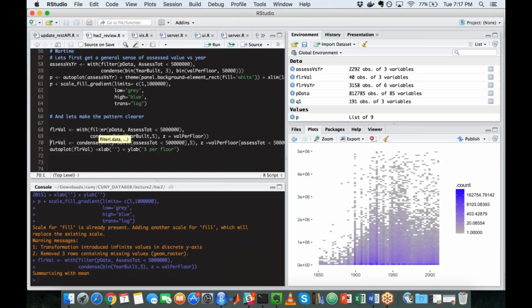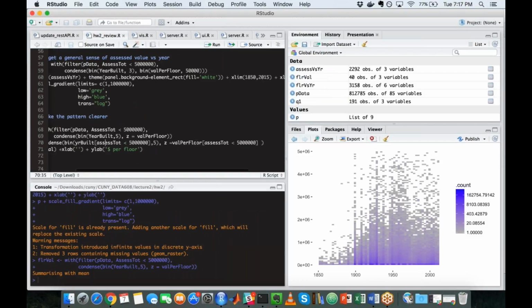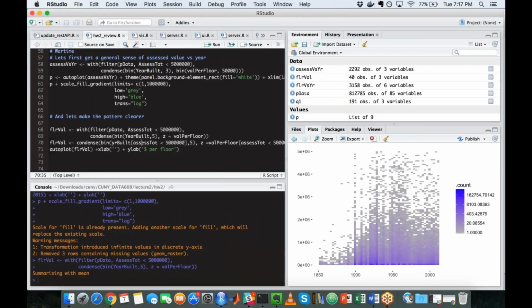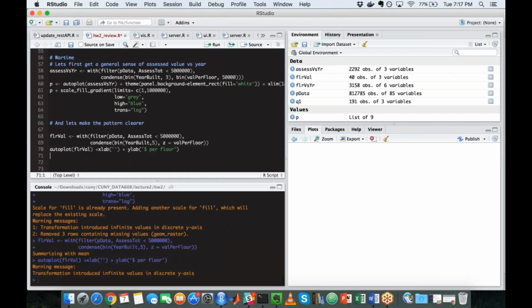And when we do that, we're getting our mean. All of this is just getting rid of a couple of outliers, which make this a bit harder to view. Once we do that, we could just look at that.